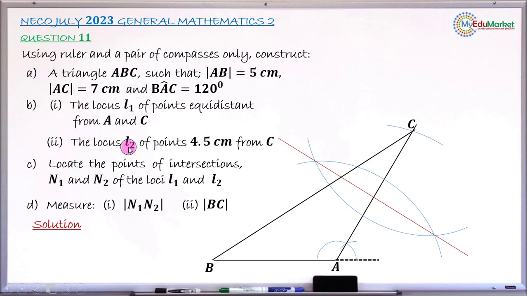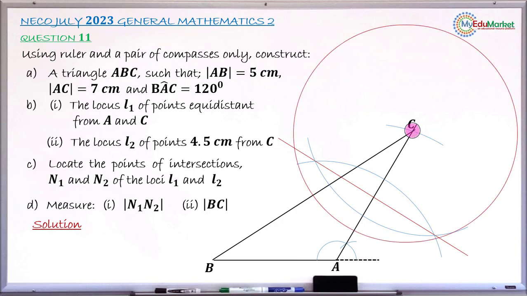That gives you the locus L2. So let me do that. You now open your compass, take this distance 4.5 centimeter exactly, and put the pointed part of the compass at the point C. That gives you the center of the circle, and draw that locus. This is now the locus L2.